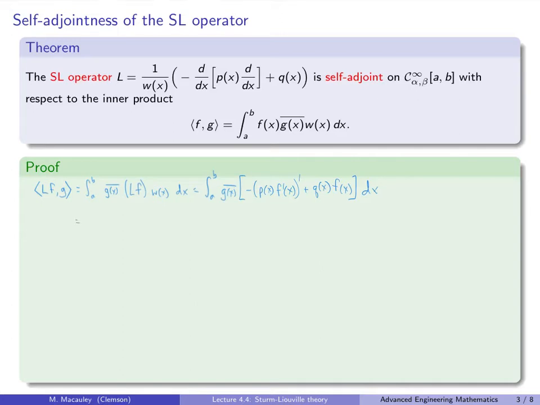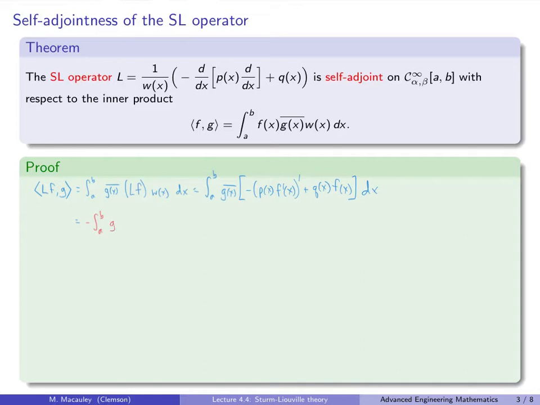So the first integral is, I'm going to use red for this, negative integral from a to b. I'm just going to do the distributive property here. The first term is going to come here, so that's where the negative sign comes from.